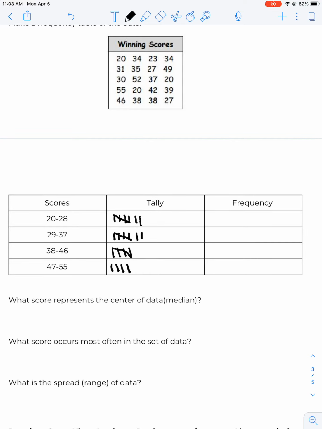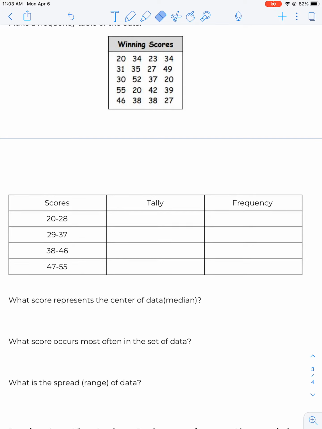And actually I did this wrong, guys. I apologize. So let me redo this. Because it should be 6, 6, 5, and 3 when we do these. All right, let's do this again. We have 20. I'm going to go across.